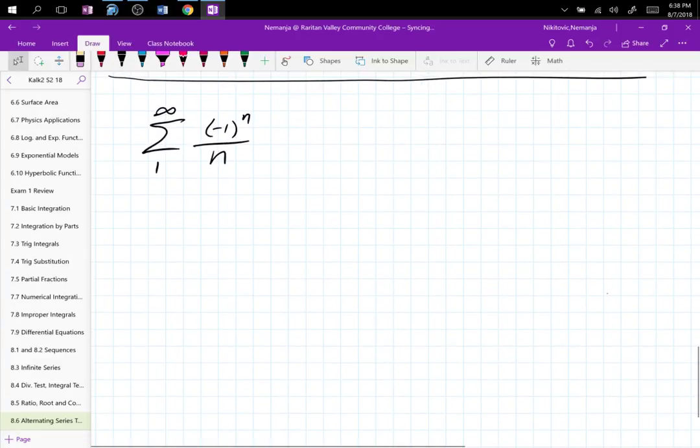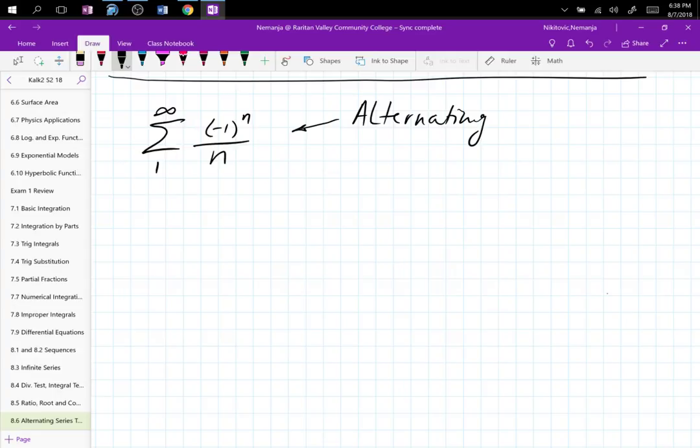This is known as the alternating harmonic series. It's alternating because the 1 in the numerator is replaced by the alternating (-1)^n.